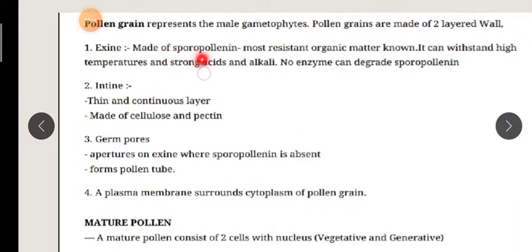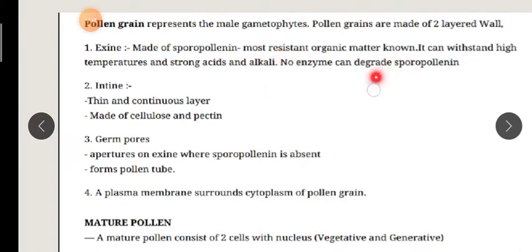Exine is made up of sporopollenin. Sporopollenin is a substance, an organic matter, and it is the most resistant organic matter known till today.